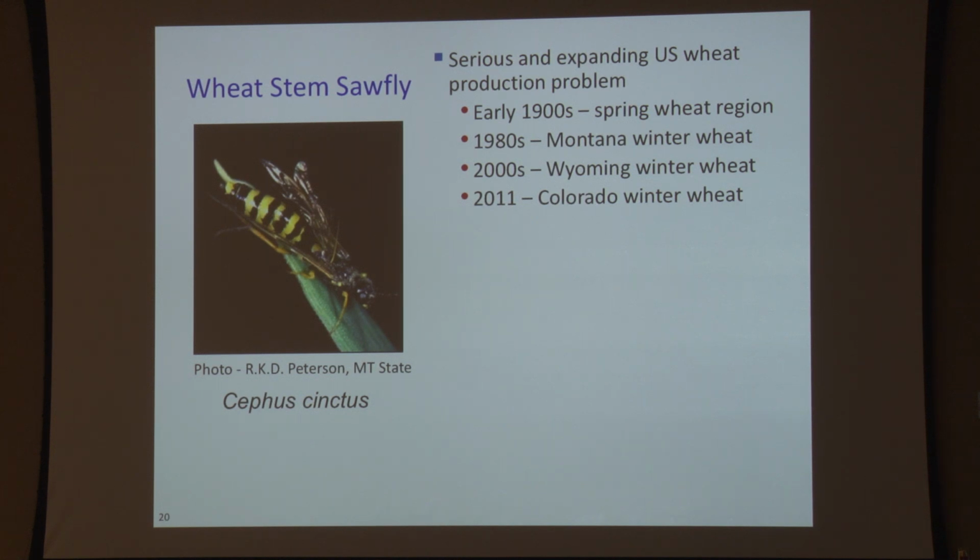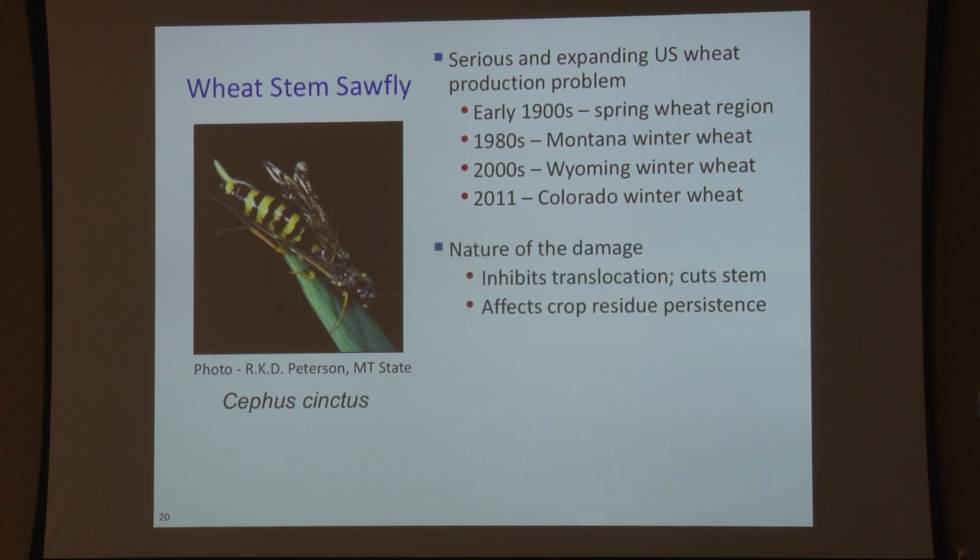So the nature of the damage: the insect lays its eggs in the stem, the larvae tunnel through the stem, inhibiting translocation, eventually cutting the stem, causing lodging so that harvesting is difficult. One side effect, it affects crop residue persistence. So you don't get the benefit of the stubble capturing moisture in the field. So for management, insecticides are not effective.